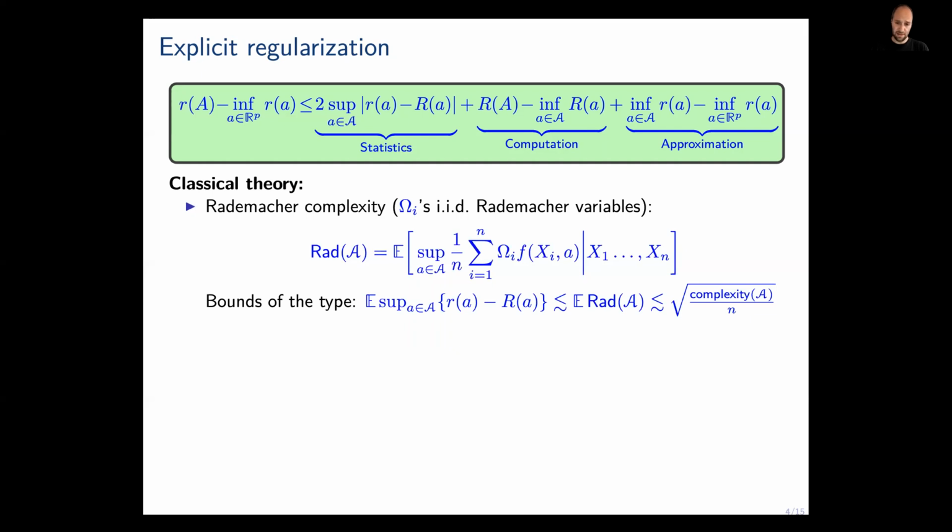And this approach leads to a variety of techniques in probability theory and statistics that lead to bounds that decrease with the square root of n, which is the so-called slow rate in machine learning.